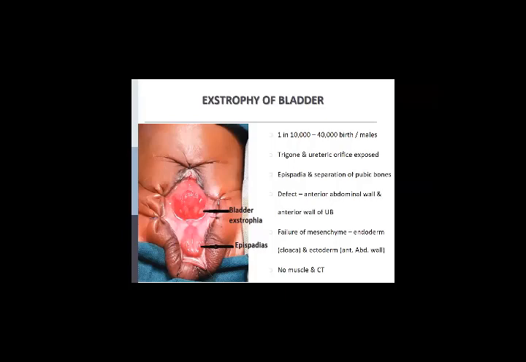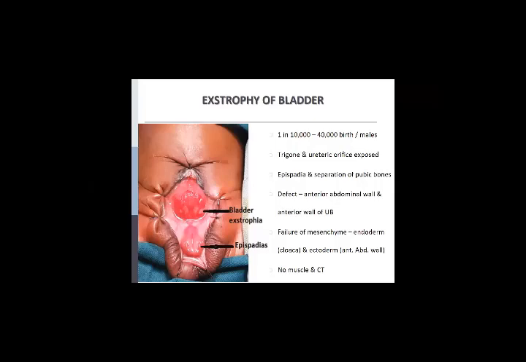Now, if the two halves of the anterior abdominal wall do not meet in the midline, this is what happens. The two halves of the anterior abdominal wall are not meeting in the midline. Now, at what place? Below the umbilicus, the lower part of the abdominal wall. They fail to meet in the midline.